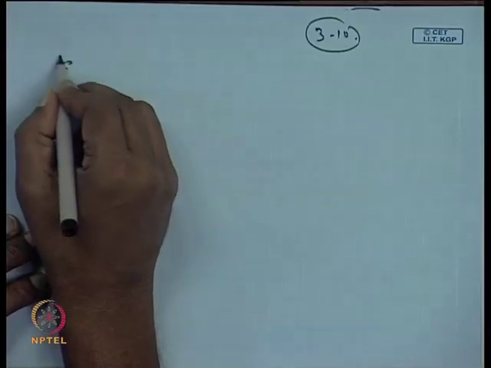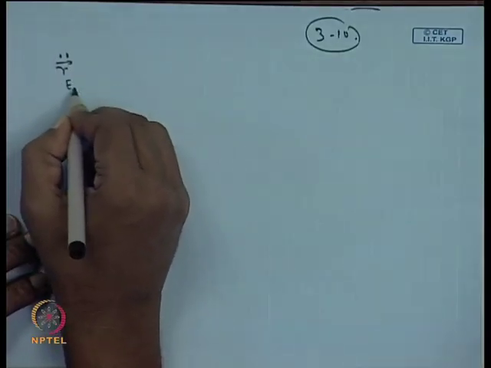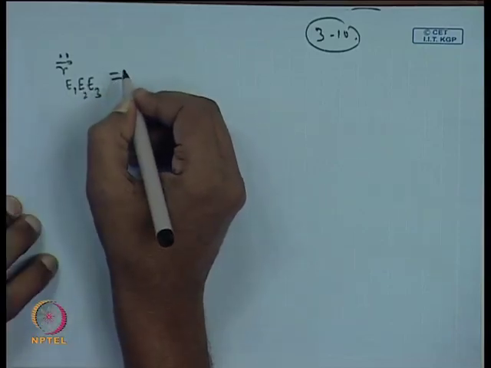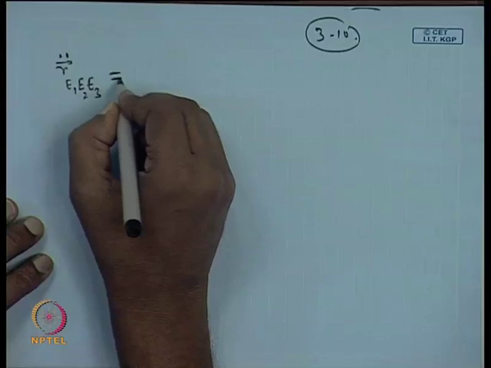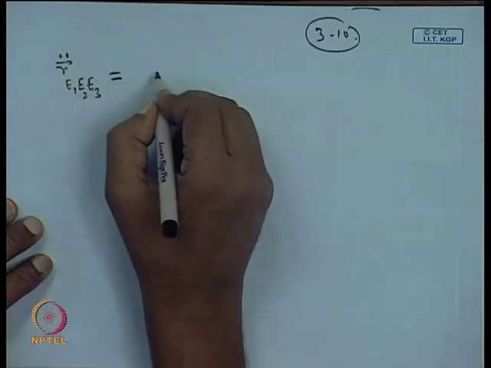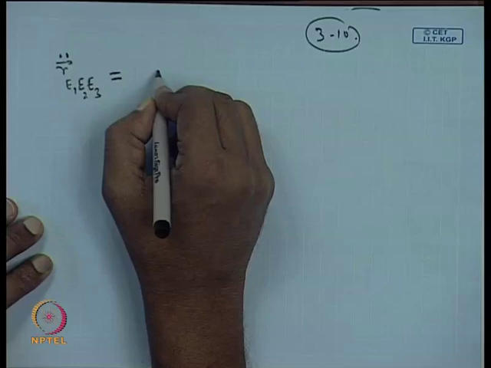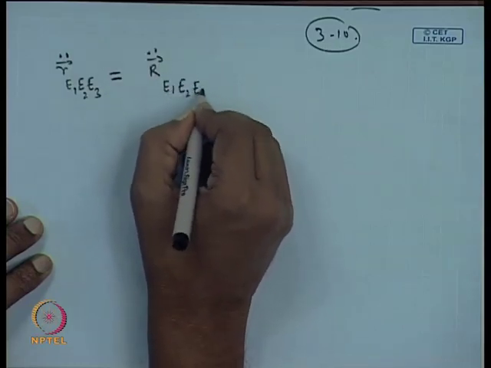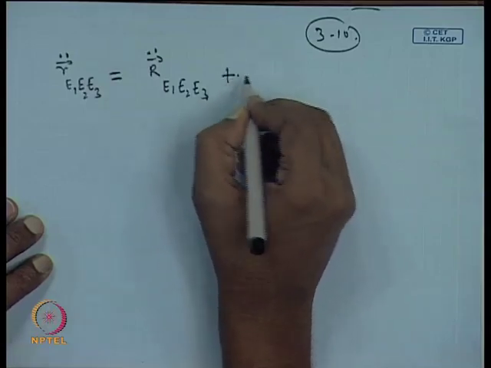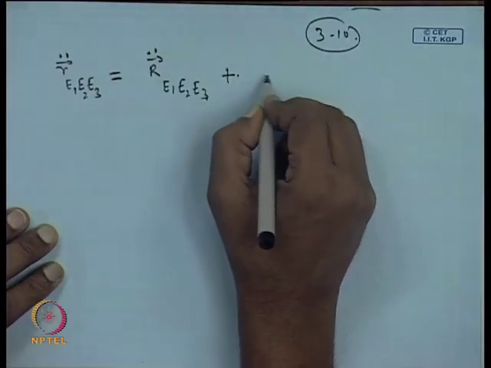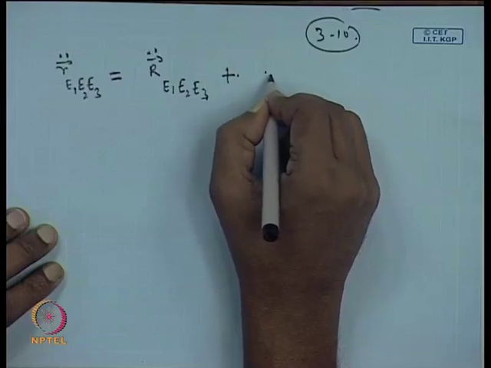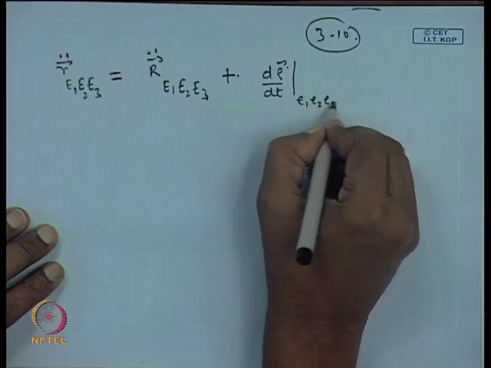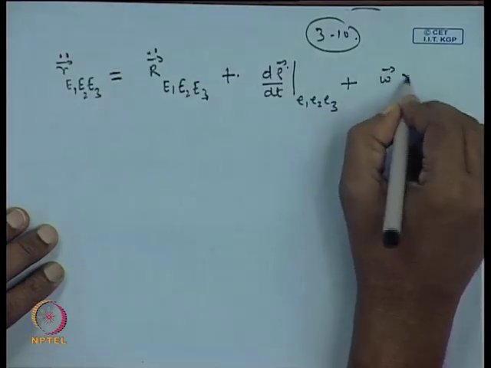So, R dot, we write on the left hand side with respect to E1, E2, E3, this will be equal to r dot with respect to E1, E2, E3 plus d rho by dt, which we can write as d rho by dt as seen from the small E1, E2, E3 reference frame, plus omega cross rho.